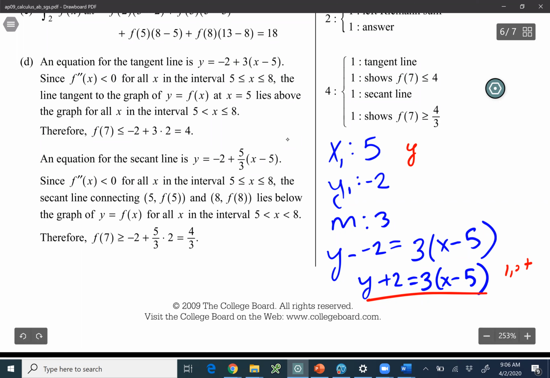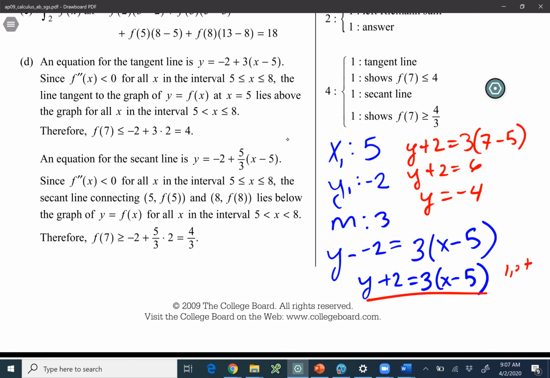So I'm going to say y plus 2 equals 3 times 7 minus 5. That gives me y plus 2 equals 3 times 2 is 6, which would be y equals negative 4. So that's our approximation. If instead of y, you want to write this, that means that f of 7 is approximately negative 4, then that works.